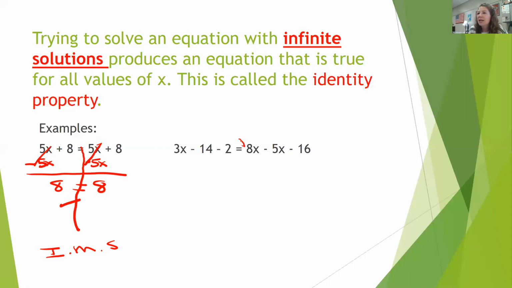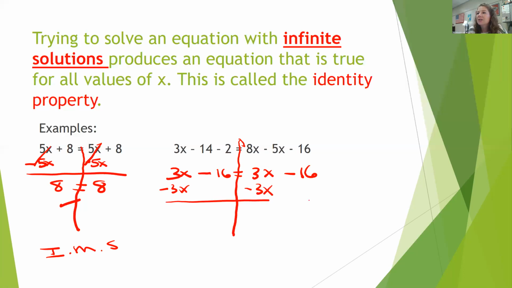Let's draw our line. All right, what are we going to do first? Let's combine like terms. So 3x, and then we have negative 14 minus 2, that's negative 16. On the right side, 8x minus 5x is 3x minus 16. If we got our x's together, we would actually realize that, oh my goodness, everything cancels.